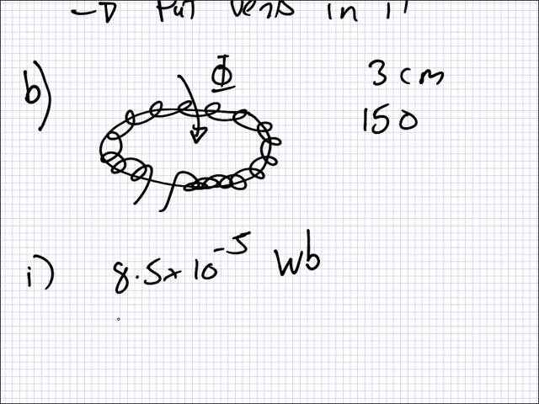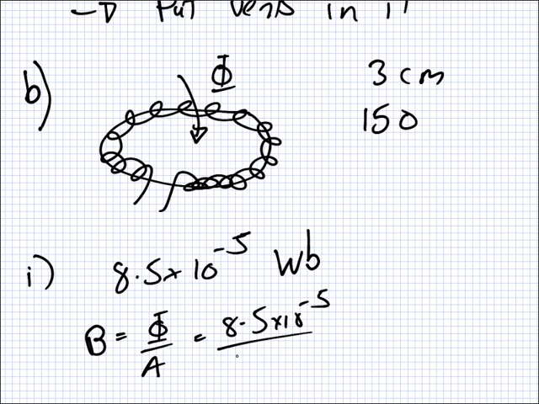So what did they want? They want the magnetic field strength, the B. So that's flux over area: 8.5 times 10 to the minus 5 over pi times 0.015 squared.